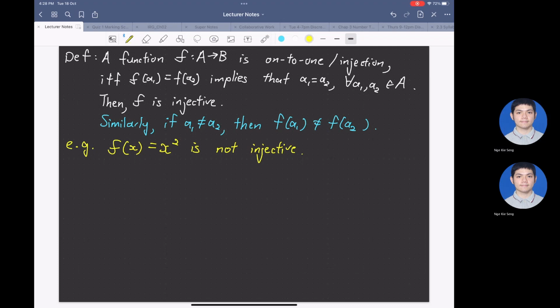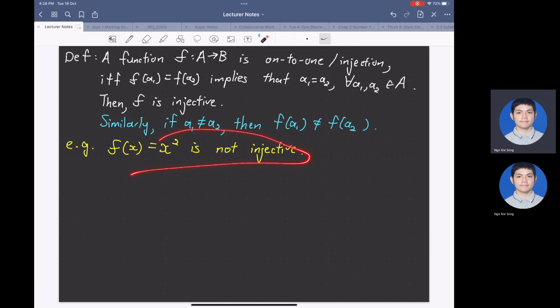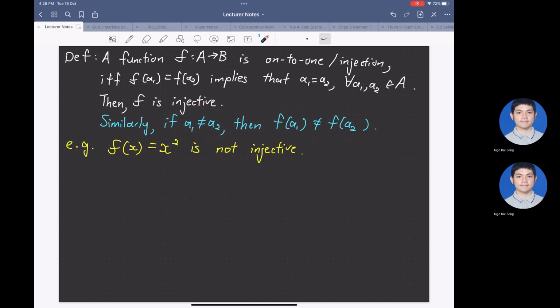No, no, no. So if you want to show it is injective, right, you need to show that if this is true, but this is false, right? Any question or not? I see confused face.